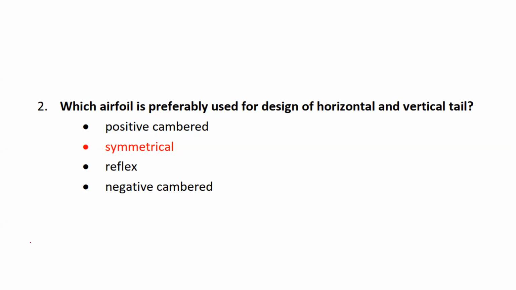let me start the pen. You might need to dive, you might need to climb, right? You might need to turn right, you might need to turn left, and you are not expecting any asymmetric forces.